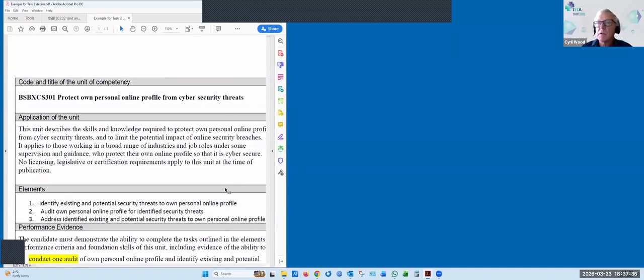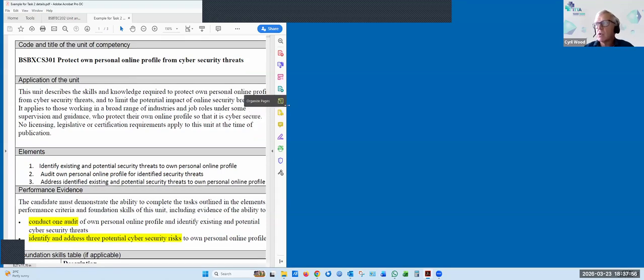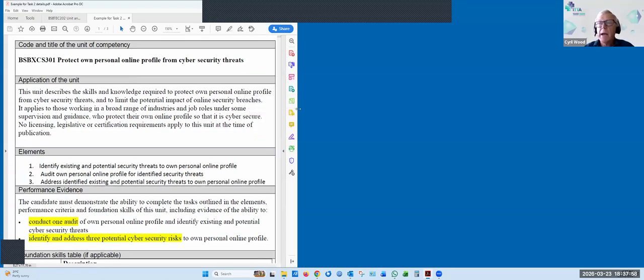So this is essentially task 2, where you start to decide which unit and what you want to basically do 3 sessions on. So this one, I just picked it from the business services about protecting yourself online, a pretty basic unit, like cybersecurity. And you'll see that essentially what you've got to do first of all is add in information from the unit of competency.